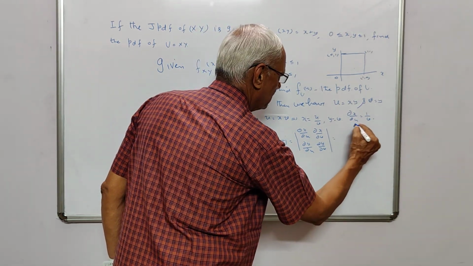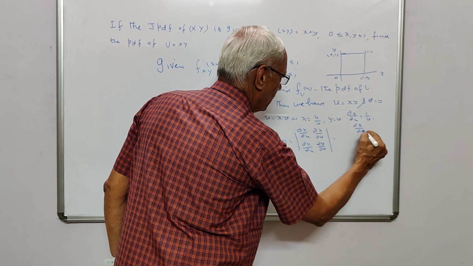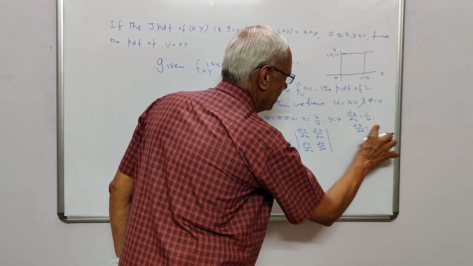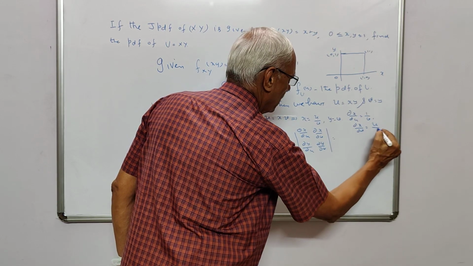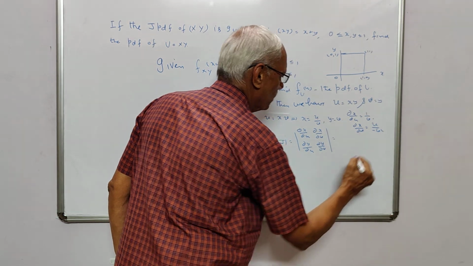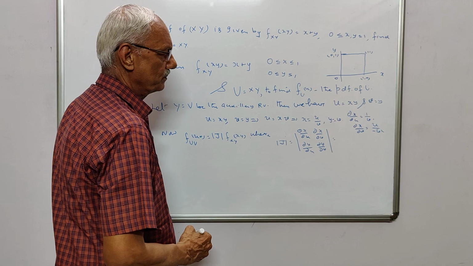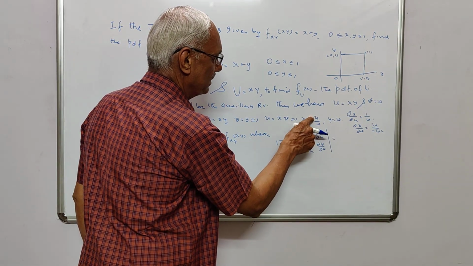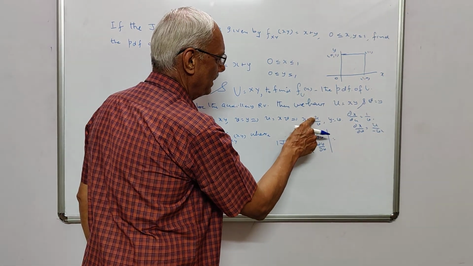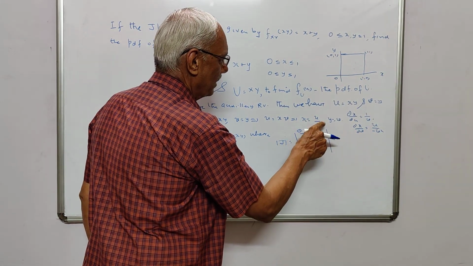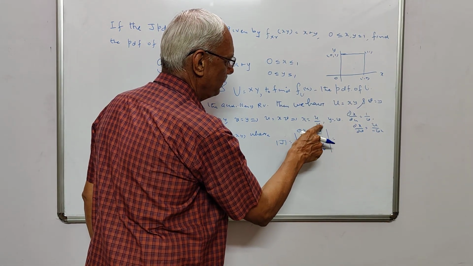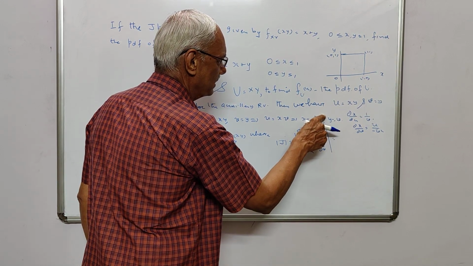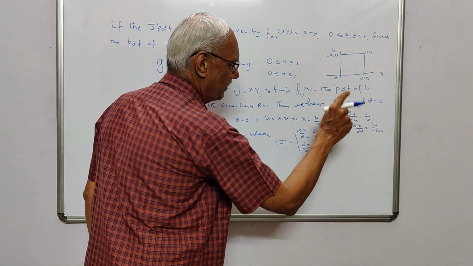And dou x by dou v is equal to minus u by v squared, because v into differentiation of u is 0, minus u into differentiation of v is 1, divided by v squared.